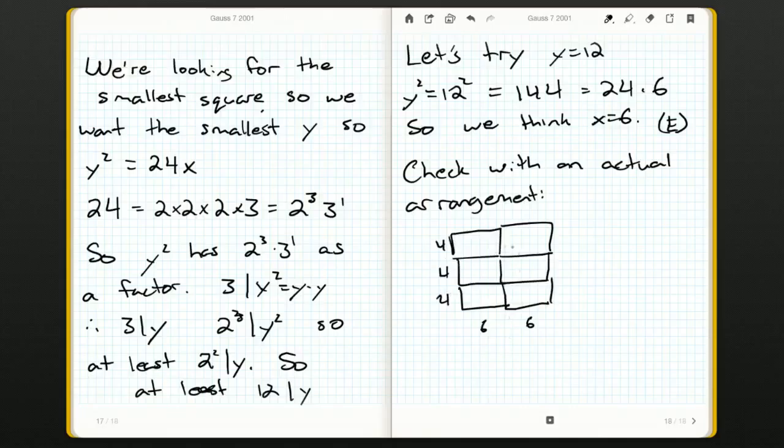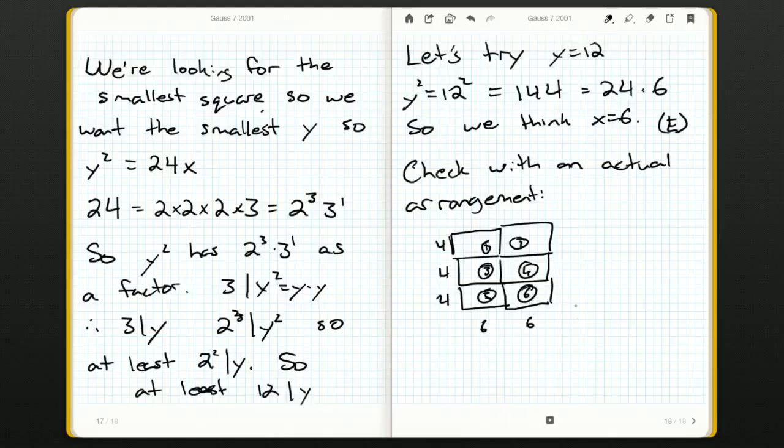So both side lengths are 12, and we have 1, 2, 3, 4, 5, x equals 6 of these tiles. So not only does it work out with the mathematics and we get 6 tiles, but we actually know that we could arrange these tiles and get ourselves a square, and that's just the extra little step to make sure that we do have the right answer and that the math does reflect the real world situation.